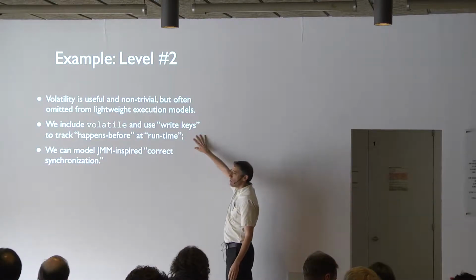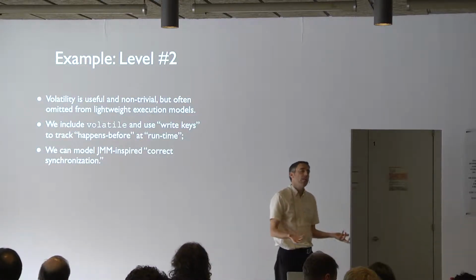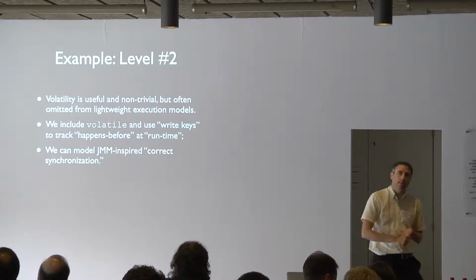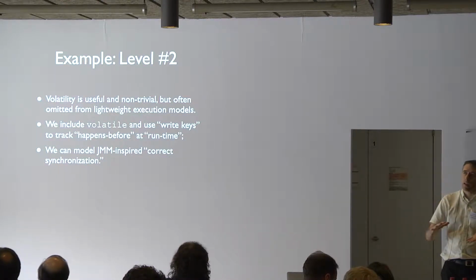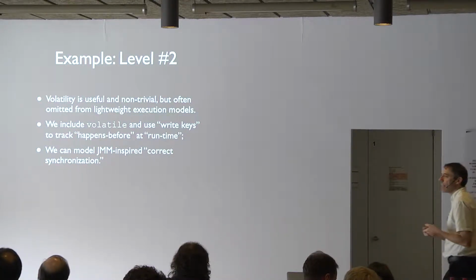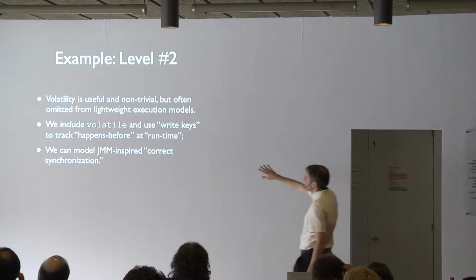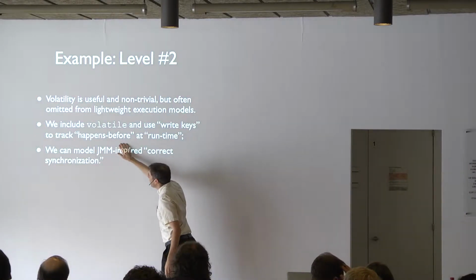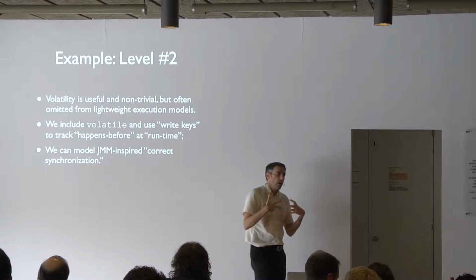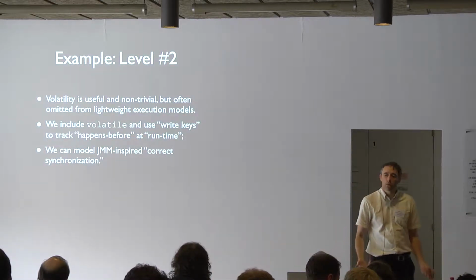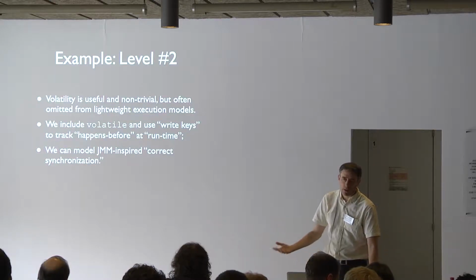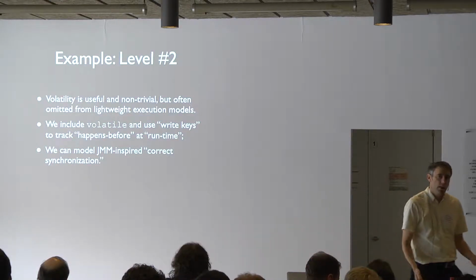What we've done is provide a model of programming at the low level: reading and writing fields, accessing volatile fields, and also looking at synchronization. I'm going to talk about how we track the happens-before relationship as a way of simplifying the reasoning you need to do at this level. And this allows us to express correct synchronization.